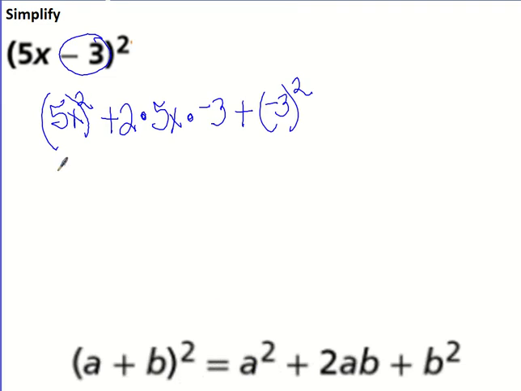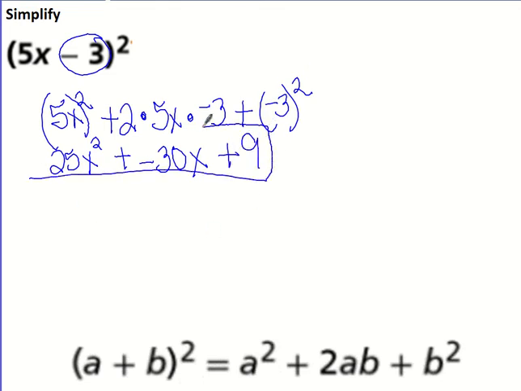So 5 squared is 25, and x squared is x squared. Well, 2 times 5 is 10, but 10 times negative 3 is negative 30, and then x. And then negative 3 squared is positive 9. And there we go. That is what makes it special, that I don't have to fill in a bunch of things and add.